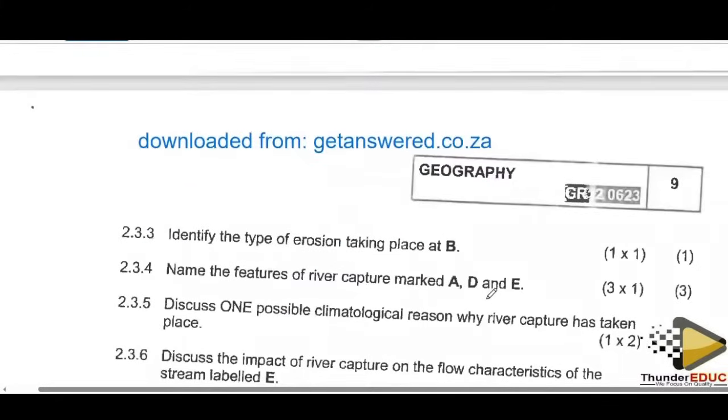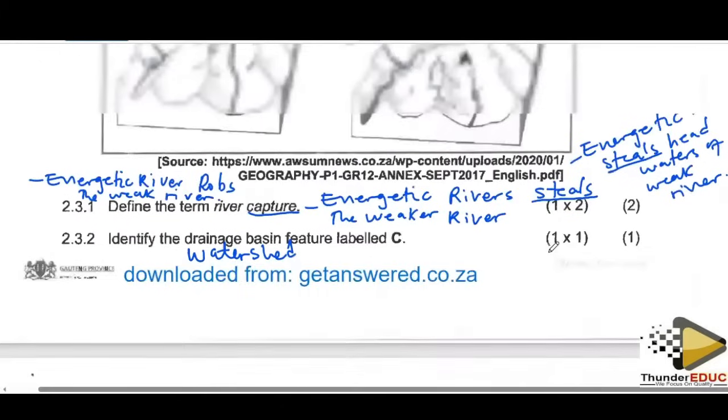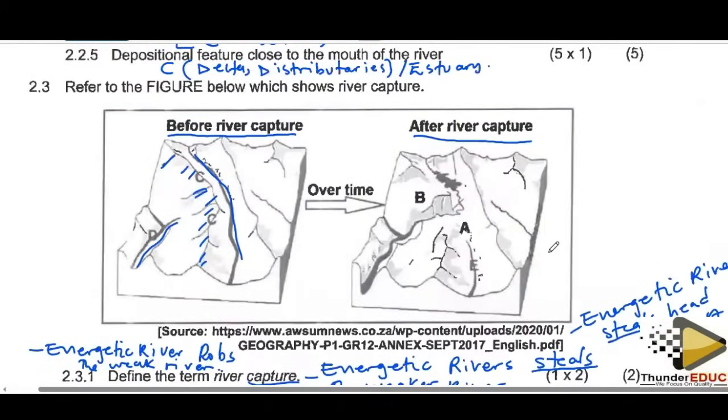Then 2.3.3, they say identify the type of erosion taking place at B. So this is point B here. So you can see that this river was able to erode through, because we said that there was a watershed here. This used to be a watershed. It used to be like this before. All right. But because this river was more stronger, it was able now to erode through this watershed, and it was able now to steal the other river, right?